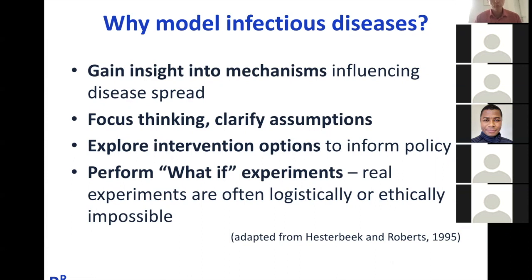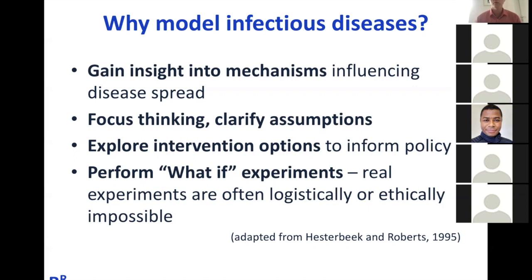But in general, one would say it is to gain insight into mechanisms influencing disease spread, really trying to understand what is happening, not just my simple picture on day 2 with the different color dots of susceptibles, infected and infectious, or recovered, immune people, but to really see what is happening in a society, because the world and even a local society is rather complex. To work with this complexity and understand it, a mathematical model might help us. It's a nice tool, I like to say it this way.